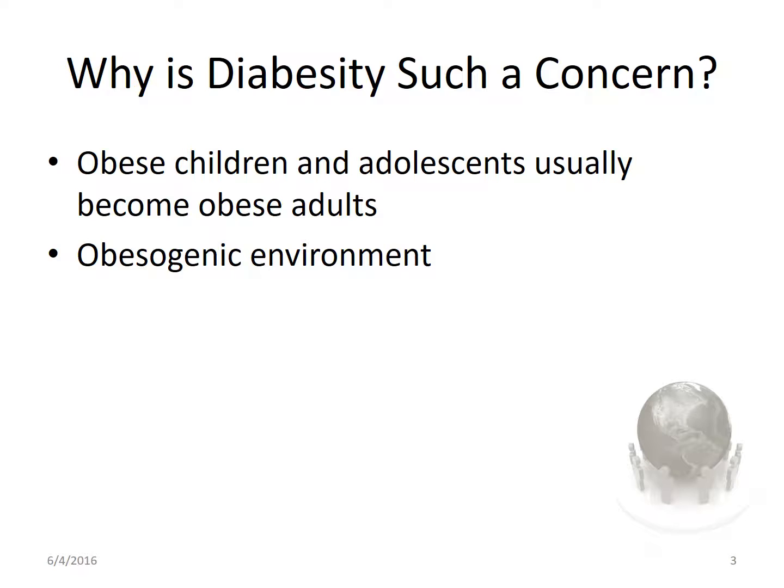There is increasing technology such as iPads and game systems for children and adolescents, making for less physical activity. Supersizing meals on the go means ingesting more caloric-dense foods in a short amount of time. These are just a few of the factors of the obesogenic environment.